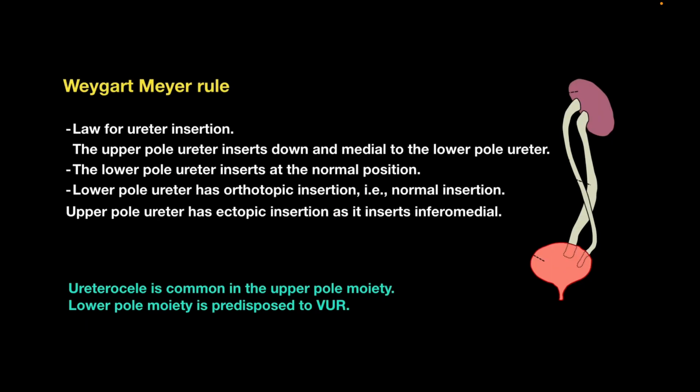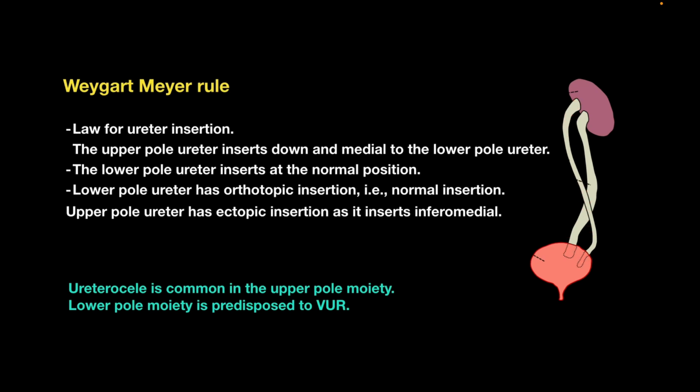So Weigert-Meyer law describes the relationship of the upper and lower renal moieties in duplicated collecting systems to their drainage inferiorly. So in this law, with duplex kidney and complete ureteral duplication, the upper and lower renal moieties are drained by separate ureters, okay, each having its own ureteral orifice in the bladder.